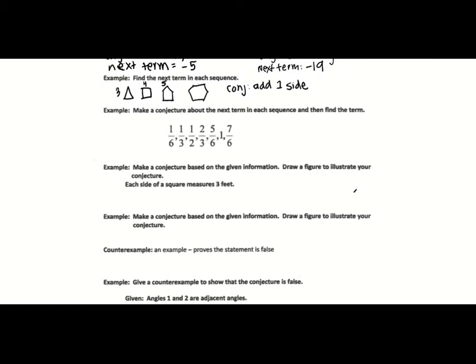So if I want to rewrite this sequence using only a common denominator of 6, my first one's going to stay the same, 1/6. Then if I want to change this 1/3, I need to multiply the top and bottom by 2. When I do that, I get 2 over 6. Then for 1/2, I've got to multiply the top and bottom by 3 to get 6 on the bottom. So I get 3 over 6.